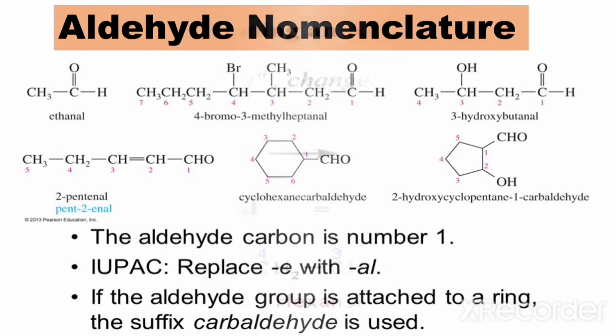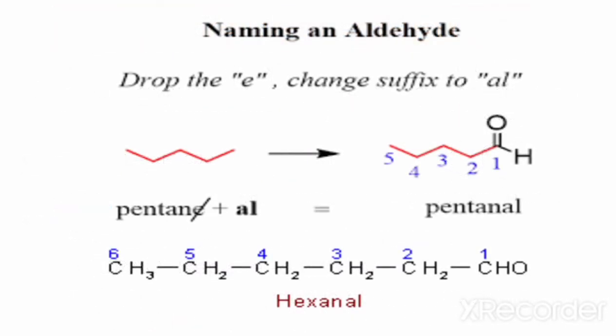And the other is the naming of aldehyde, in which we follow the simple rule: drop the e of the compound name and change it with the suffix al. As you can see in the example below, there is a 5 carbon chain, and when we attach an aldehyde group, the name will change from pentane to pentanal.